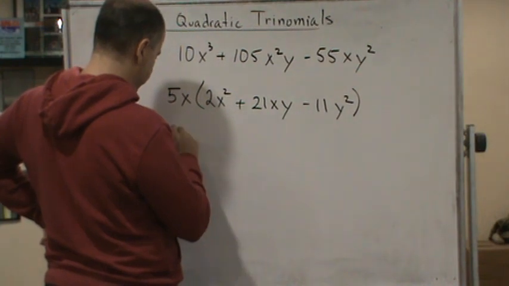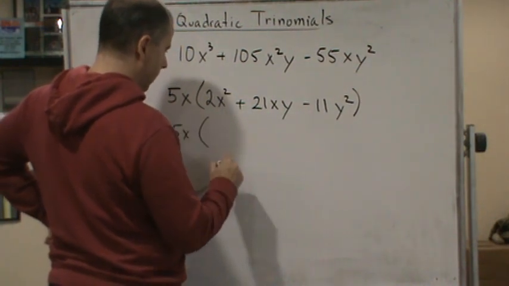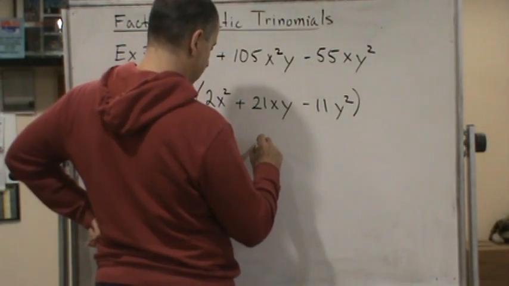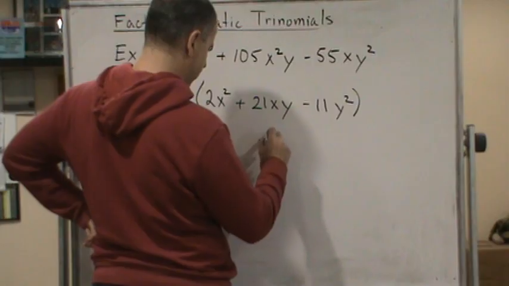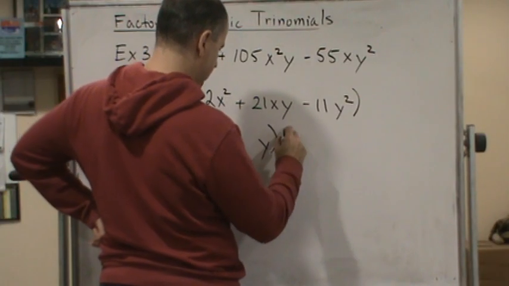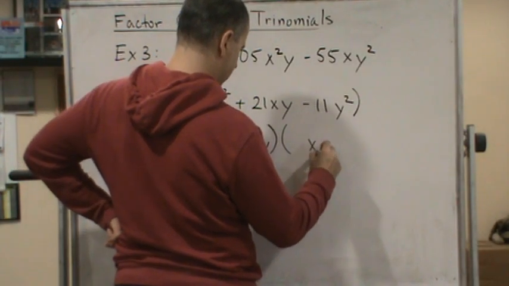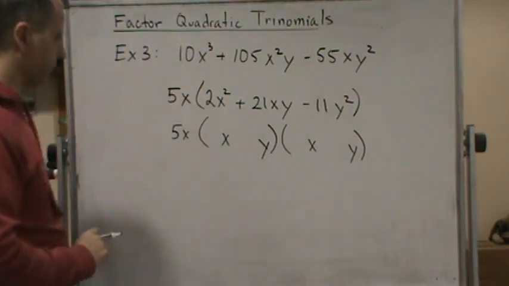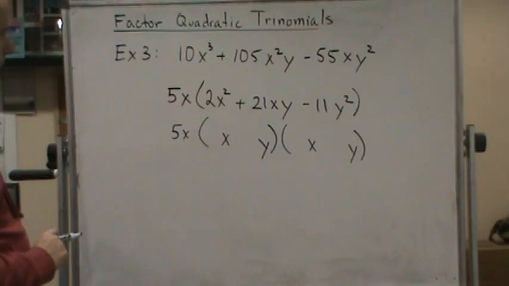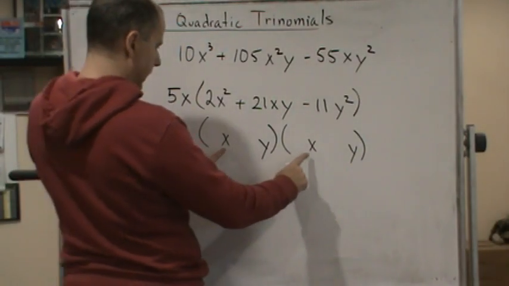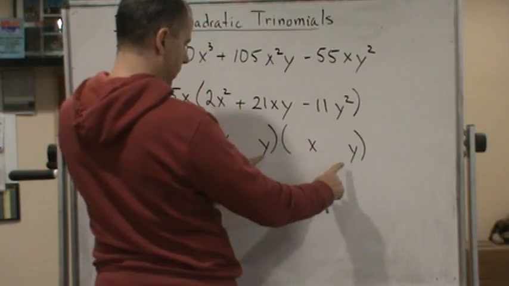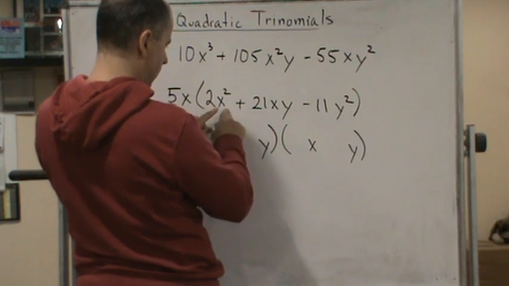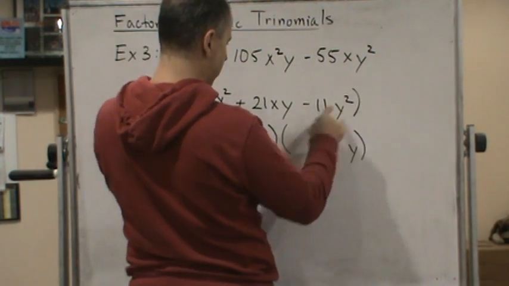So we know that there's going to be an x and a y, because x times x will give us x squared, y times y will give us y squared. So the first two terms give us that, and the last two terms give us that.